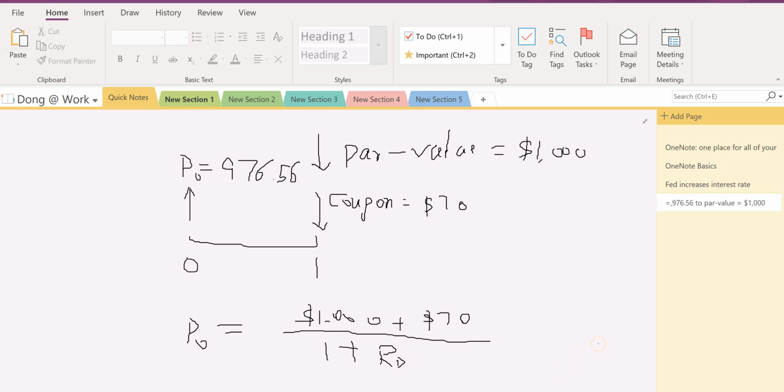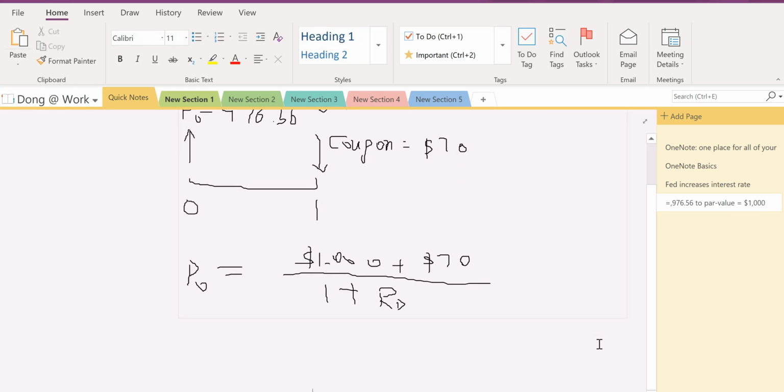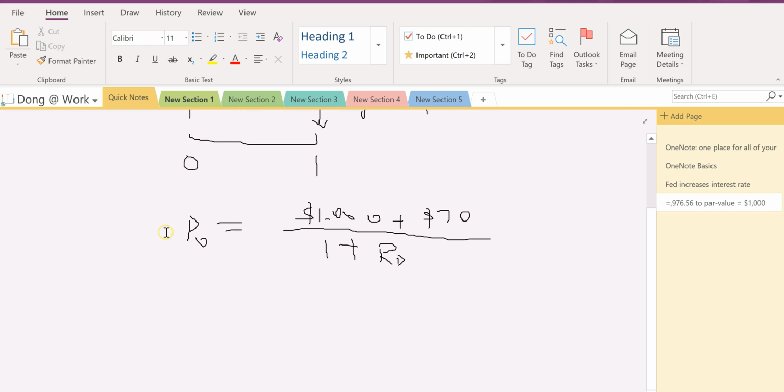And from that we can calculate RD. You just change sides: 1 plus RD must be equal to 1,000 plus 70 divided by P0.